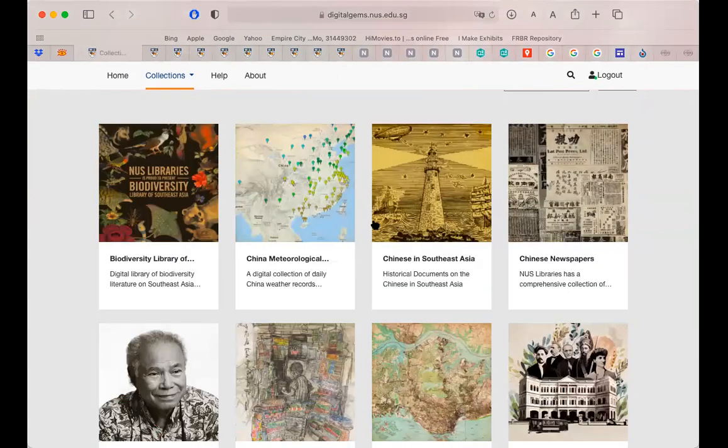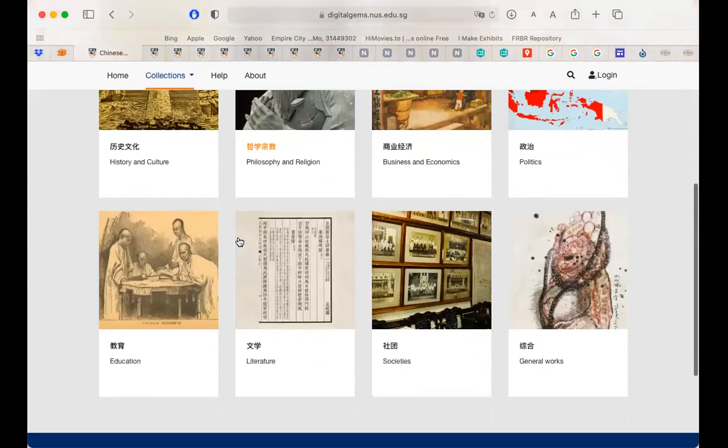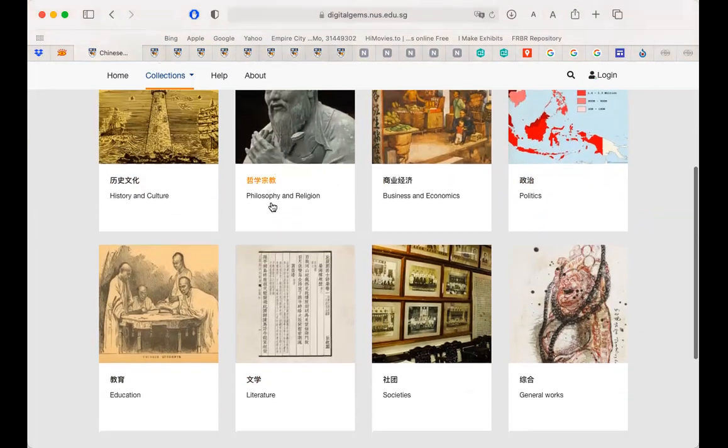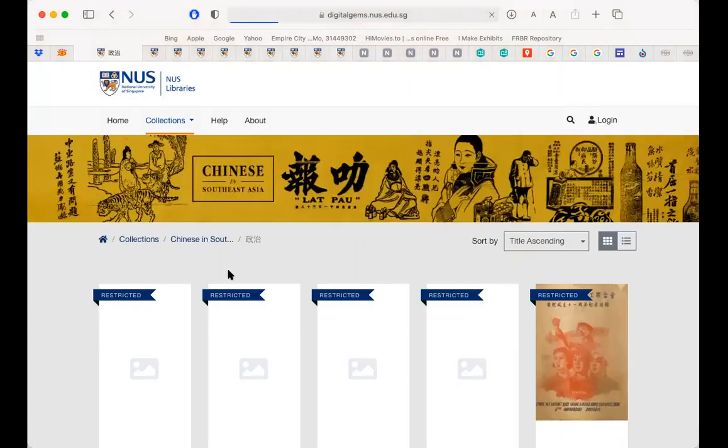You can look at the Chinese in Southeast Asia folder. You click on this, and it brings you to more folders that are organized according to different themes like history, philosophy, economy, trade and all that kind of stuff. And within them, there will be books.